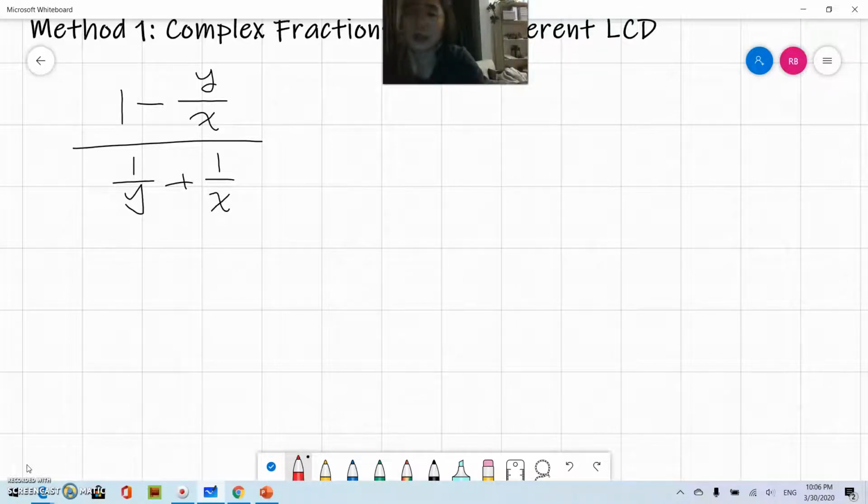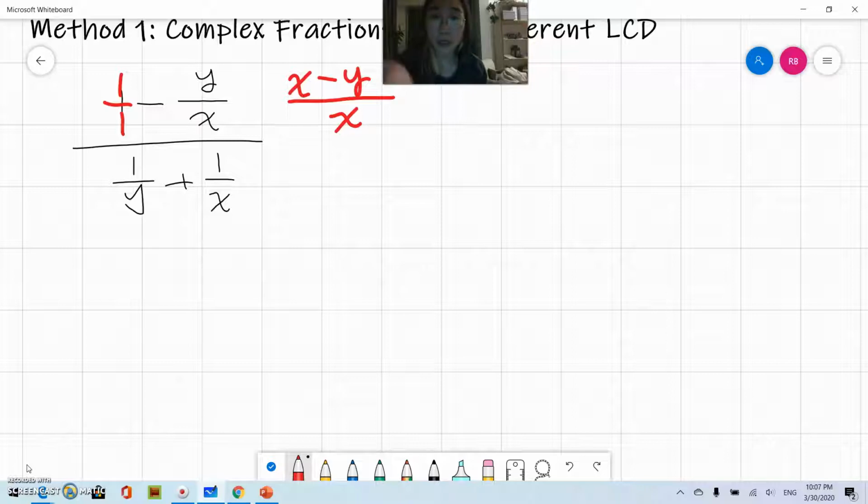So 1 minus y over x has LCD of x, so if we make a common denominator, it would be x. So x here, and then y here. The reason I have x now is because 1 is the same thing as 1 over 1. So to make 1 be like x over x, you need to multiply by x. Sorry, there's an equal sign in between.